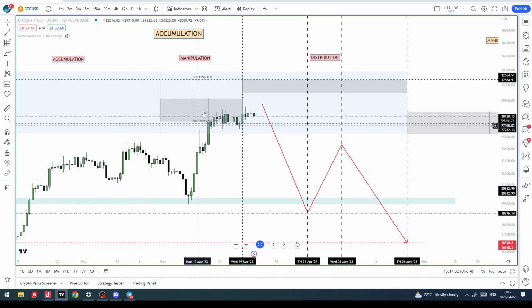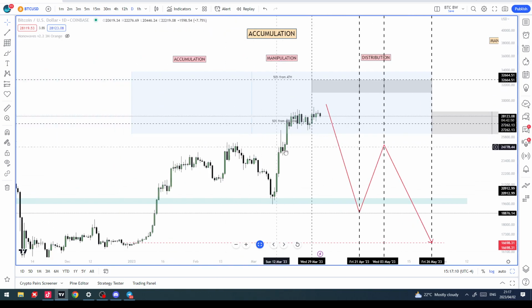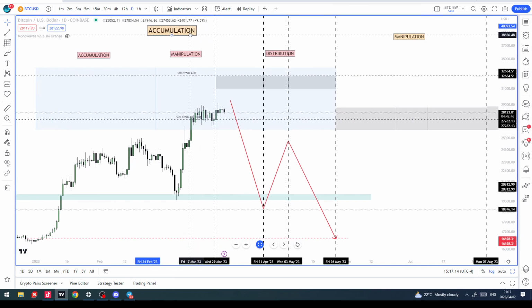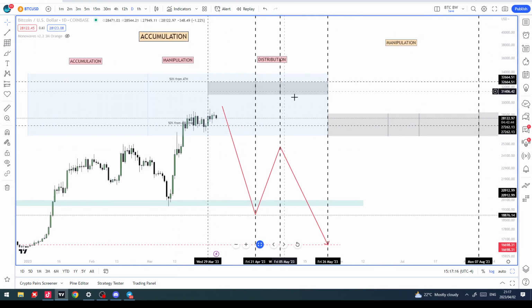It doesn't come out of thin air, it's because of this. Now we finished this manipulation phase and we're on to the distribution phase of the larger accumulation phase. And within that, you can see I've divided it into 3 distinct phases. From here to here being accumulation, manipulation, and then distribution.